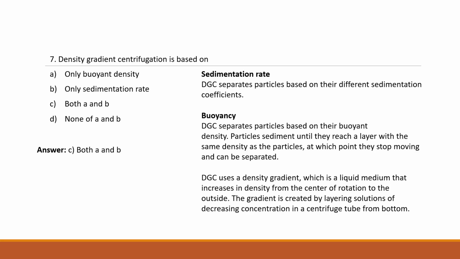That S is a Svedberg unit. Based on that coefficient, the 16S, 18S, 25S were separated, and based on that only they got to know that these are the different types of RNA. So this will also help you relate it with the mass or shape of the component in the medium.